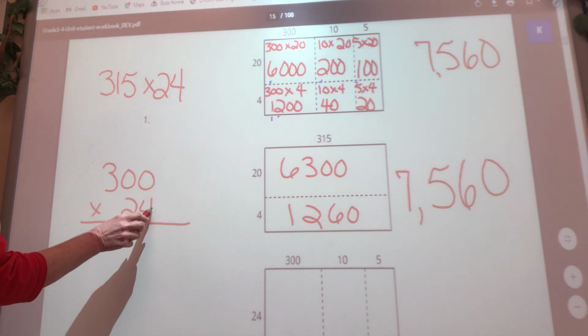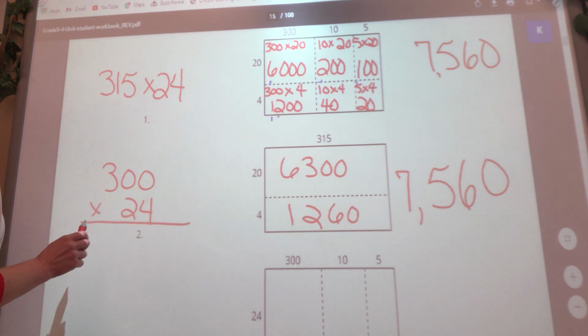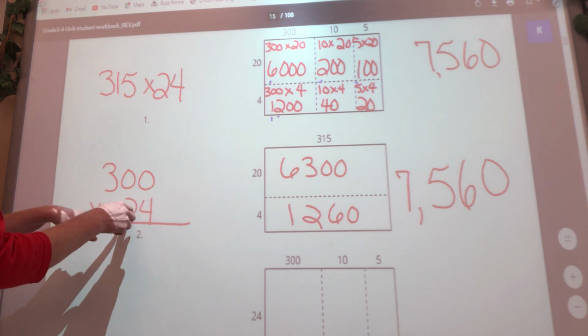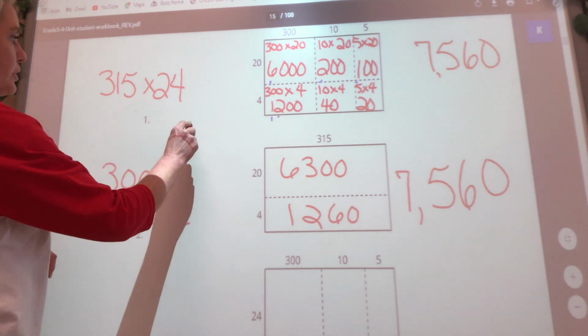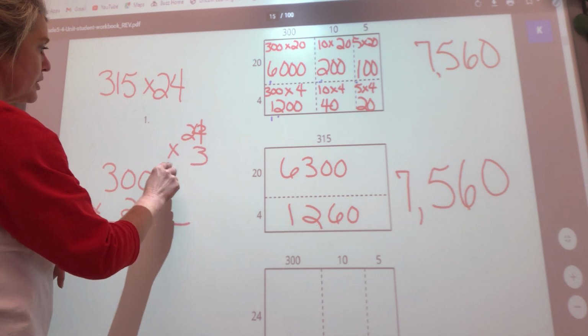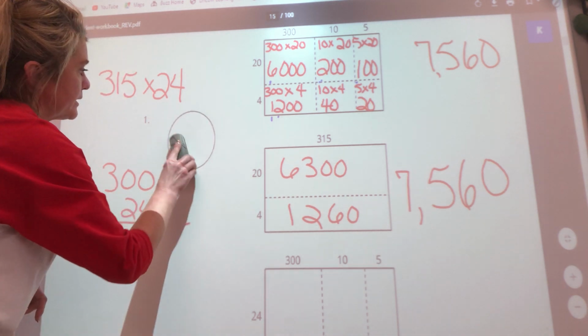Okay, so 4 times 0. Quicker math. Gotta think, we can do quicker math on this. I see a 24 and a 3, so I'll just go here real quick and do that. 24 times 3.